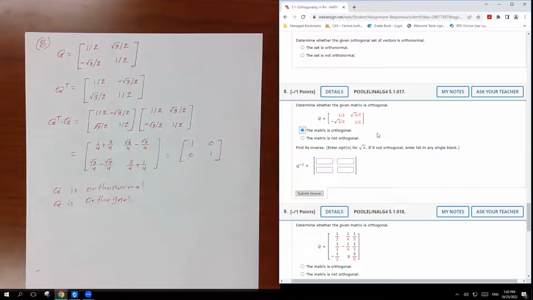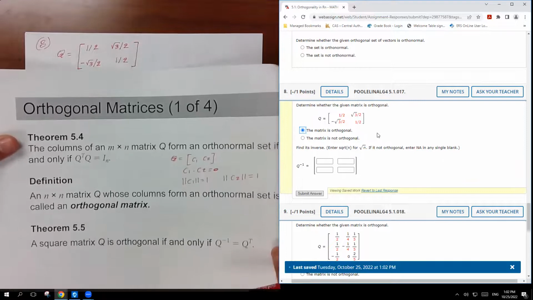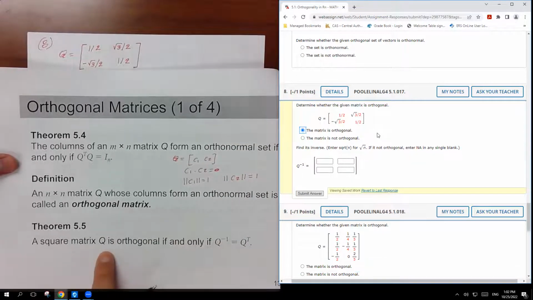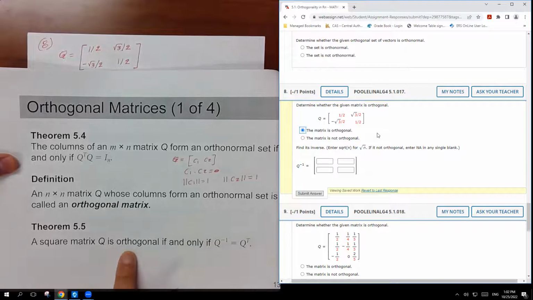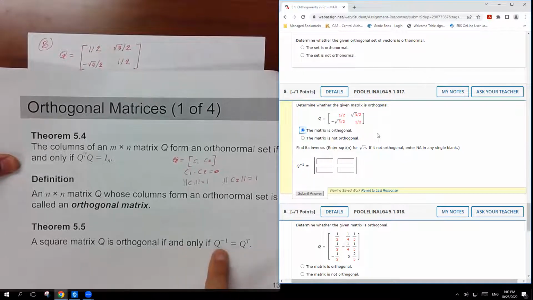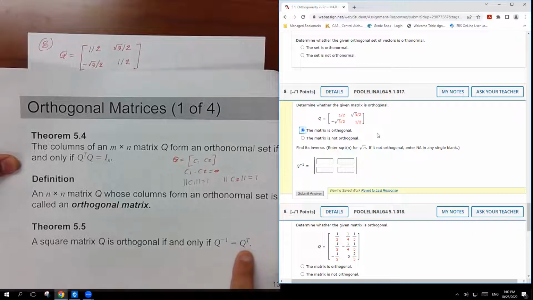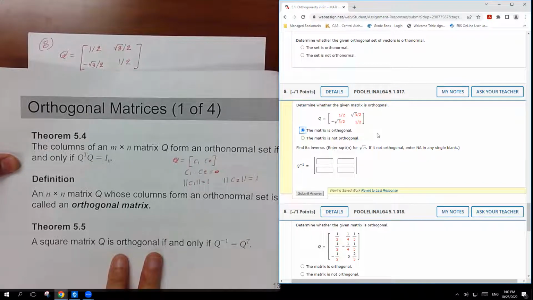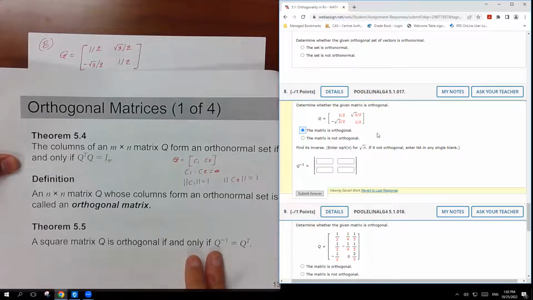Now we need to find the inverse. There is another theorem. The second theorem says a square matrix Q is orthogonal if and only if the inverse of this matrix equals the transpose. There's a proof for this theorem, and check it to make everything easier for us. I have an orthogonal matrix, and they asked me to find the inverse, so the inverse is going to be equal to the transpose.